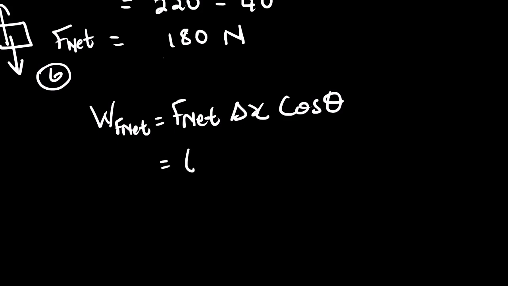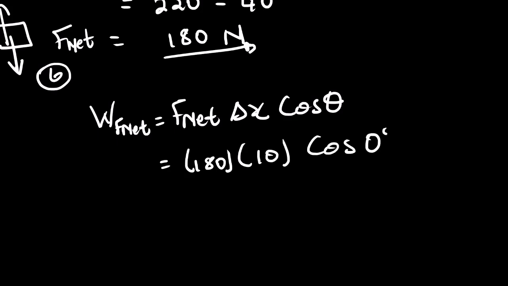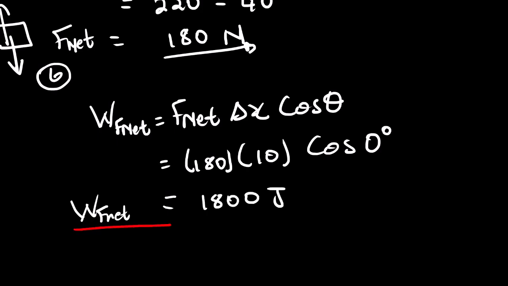Net force, we found that it's 180 newtons, so we are going to substitute here. Displacement is still 10, cos 0 degrees. We get that our work done by the net force is 1800 joules. So this is our answer.